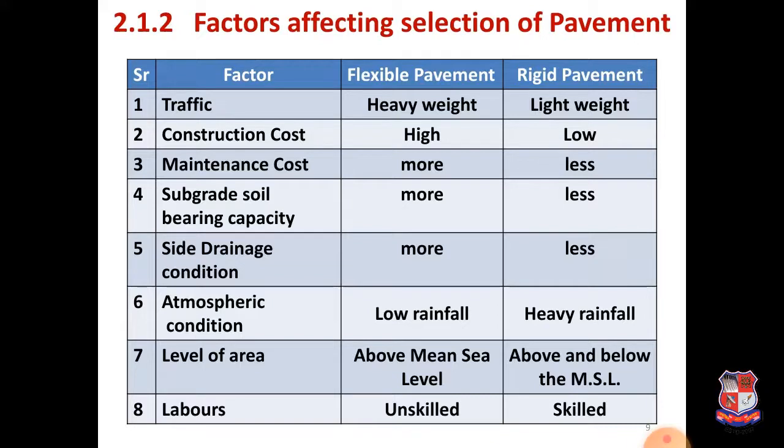But in rigid pavement, skilled labors are required because cement concrete needs proper mixing, proper compaction, and proper curing period. In flexible pavement, rolling is done through machine. So, unskilled laborers can construct flexible pavement, but unskilled laborers cannot construct rigid pavement.